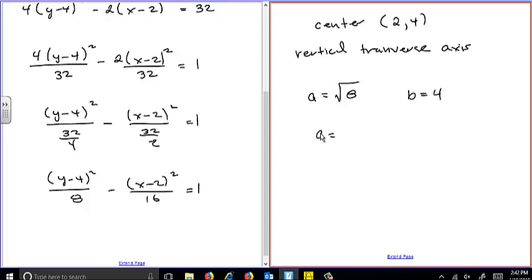So a is square root of 8, which is 2.8. And c squared is equal to a squared plus b squared. So that's 8 plus 16, which is 24. So c is equal to the square root of 24, which is 4.9.